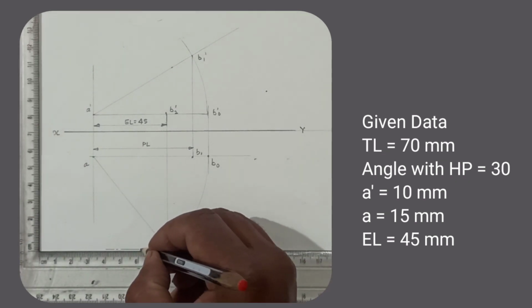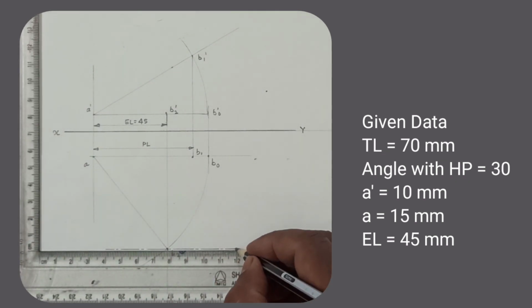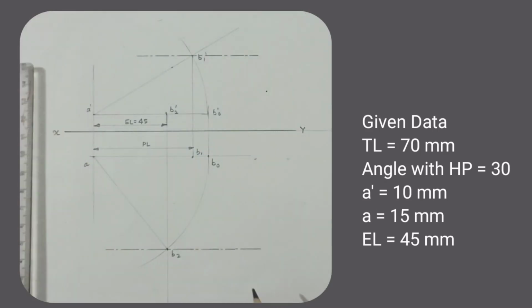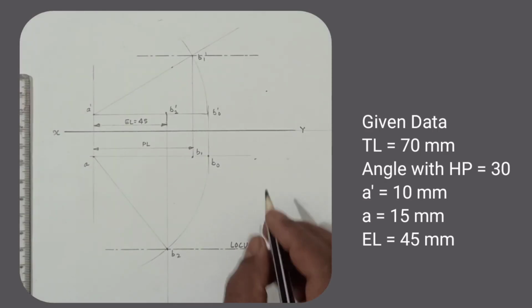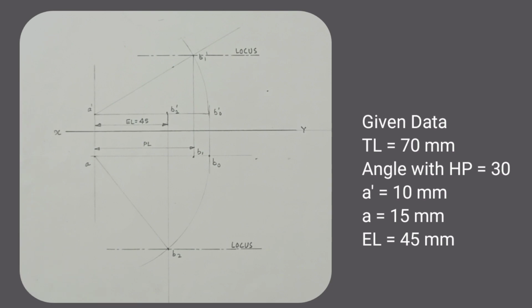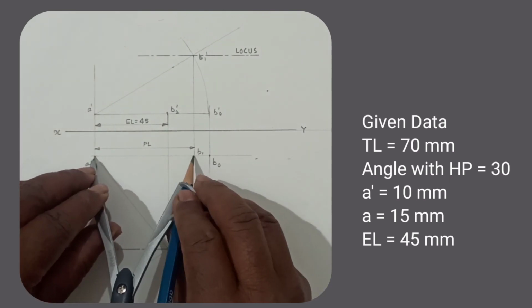So in this condition, B2 will indicate its top view when the line is inclined to VP. Through the end point B in the front view as well as the top view, draw a locus line which is parallel to XY.